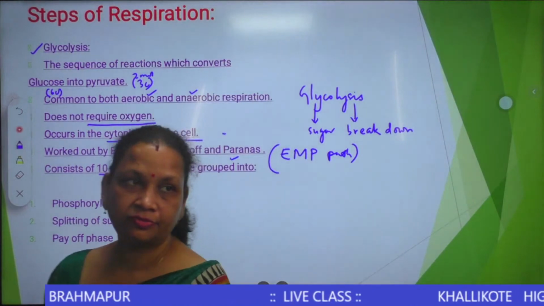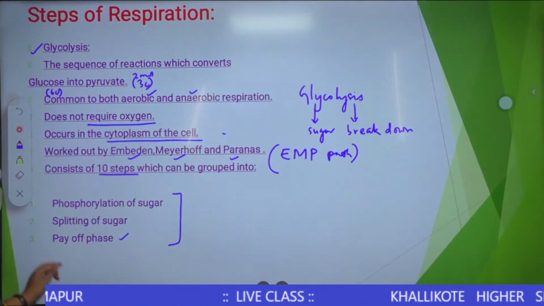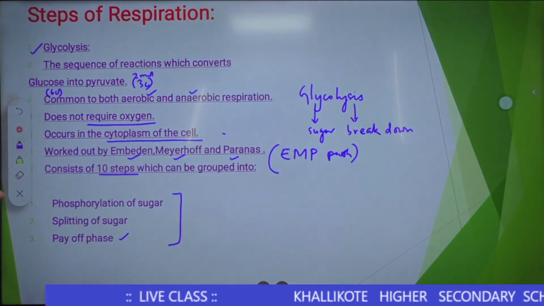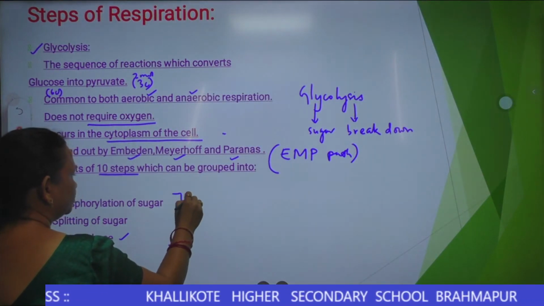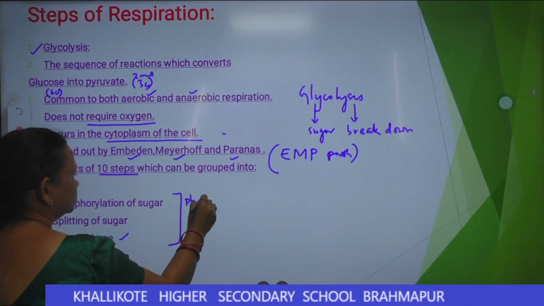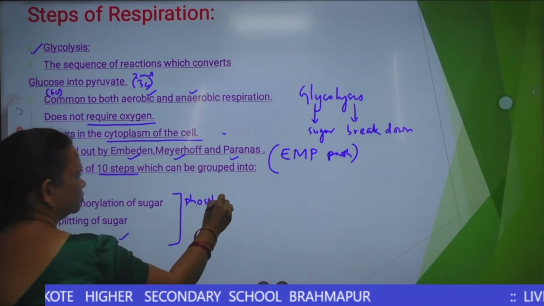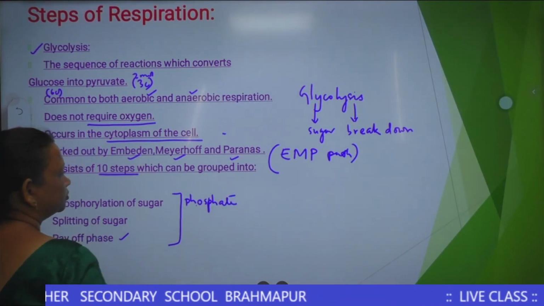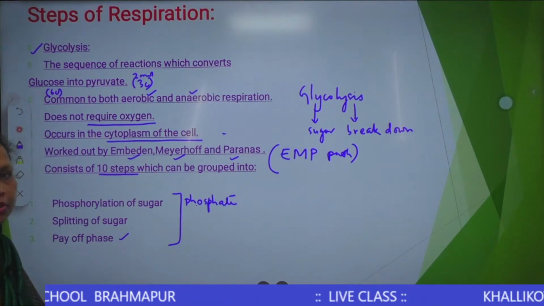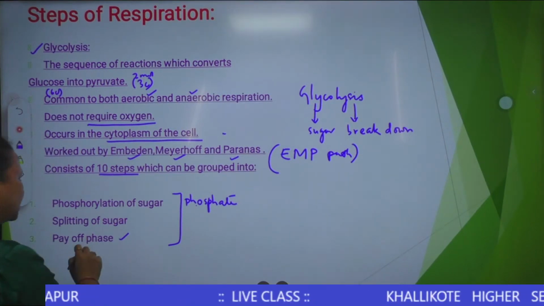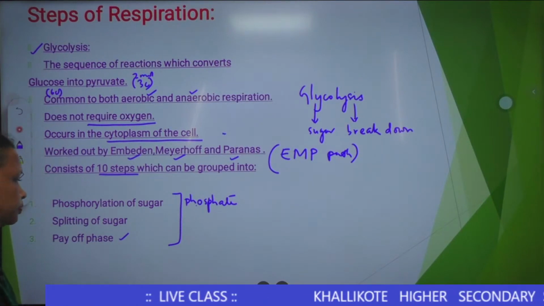So, you will have phosphorylation of sugar, that is addition of phosphate, then the splitting of sugar or the breaking of sugar, and the payoff phase.